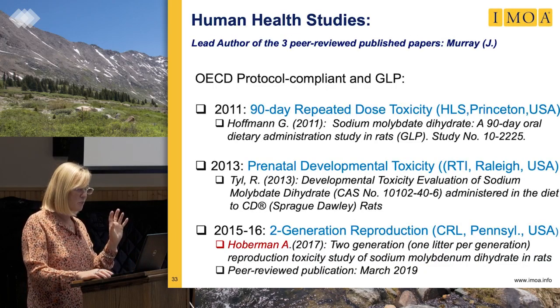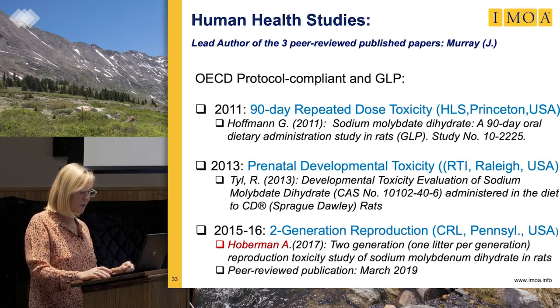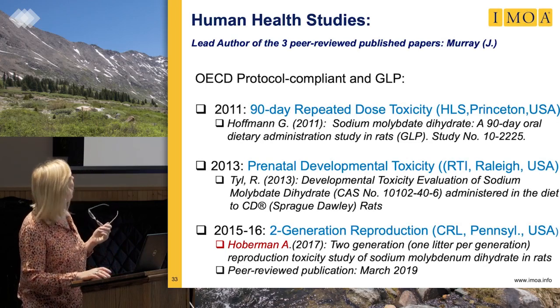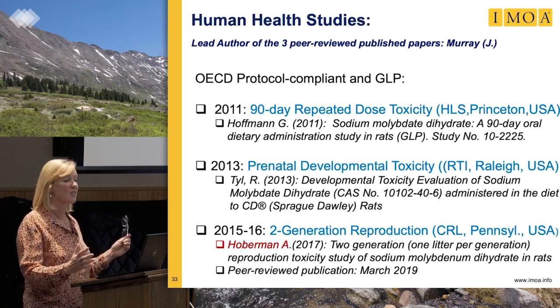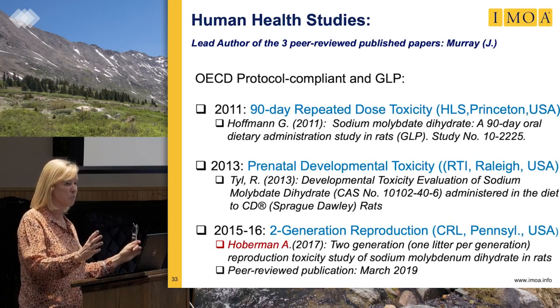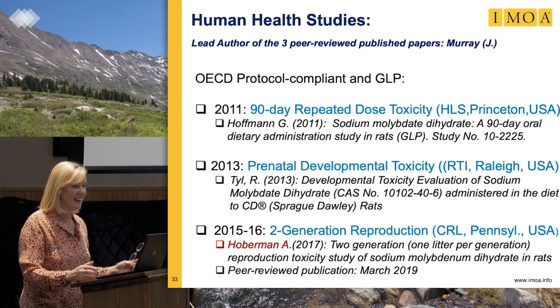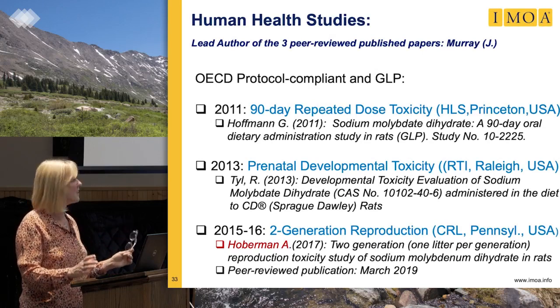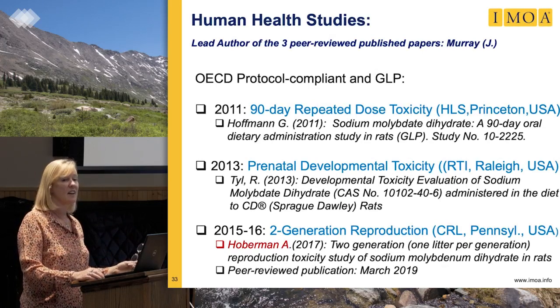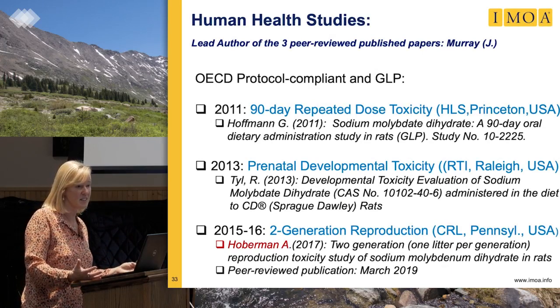So I've just talked about 3 human health studies. These are the ones. And they are OECD protocol compliant. You know, when you're doing a study, you can't choose how you do it. This is not like a kind of PhD effort. It is highly prescriptive, and these methodologies are set out by the OECD. And GLP means good laboratory practice.